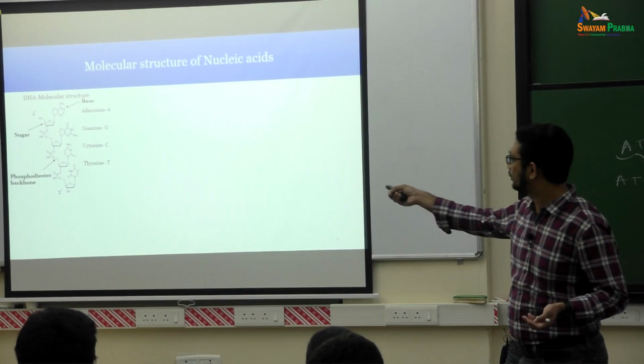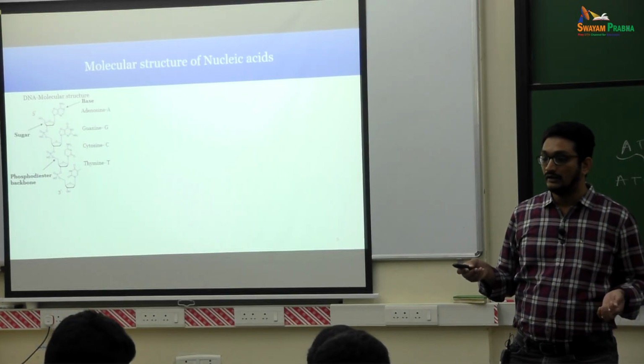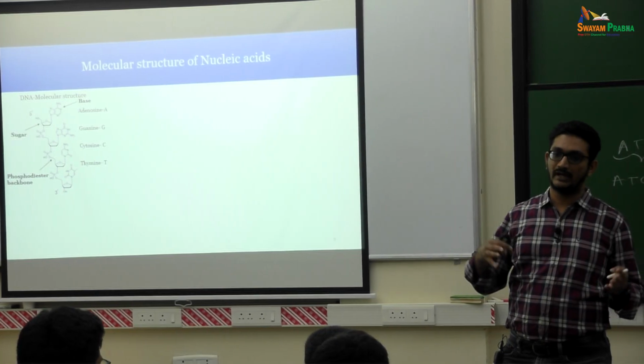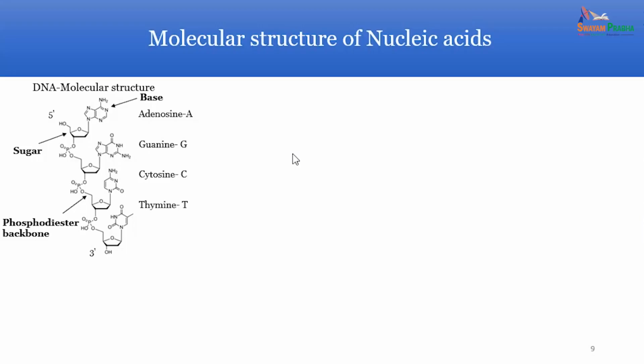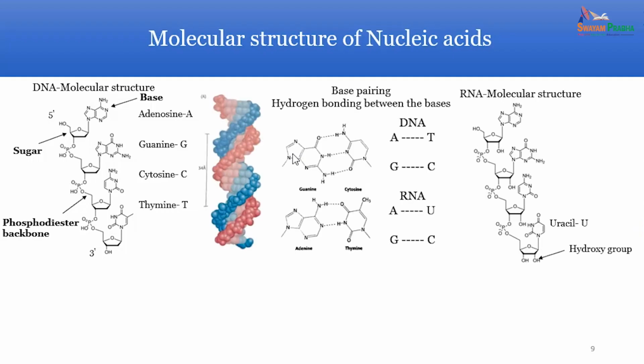Uracil is replacing your thymine, and what else? That is the structure of it, but I am talking about the chemical composition. Ribose sugar and deoxyribose sugar. So basically, in your RNA you have a hydroxy group here, whereas in your DNA, this hydroxy group is replaced by a deoxy, which is your hydrogen. So basically, you have your DNA and RNA.